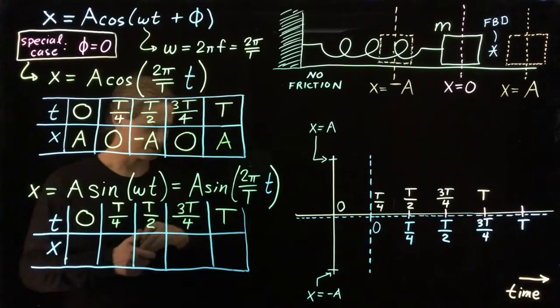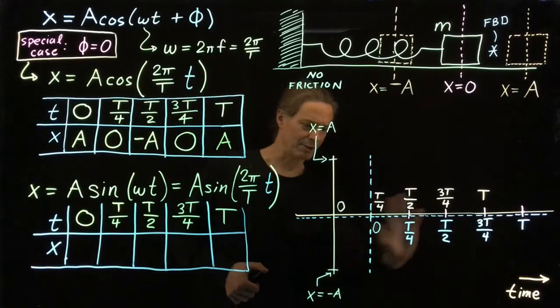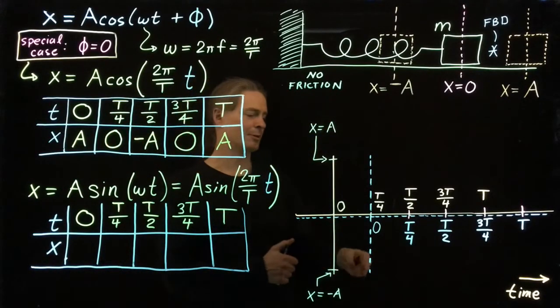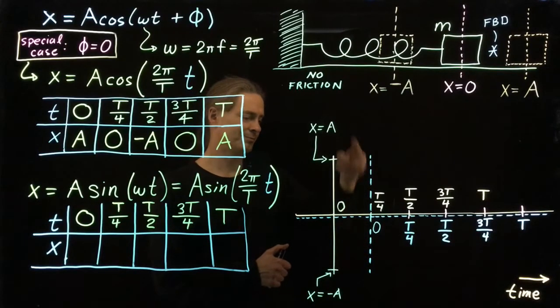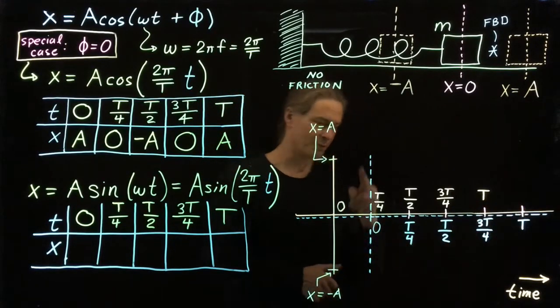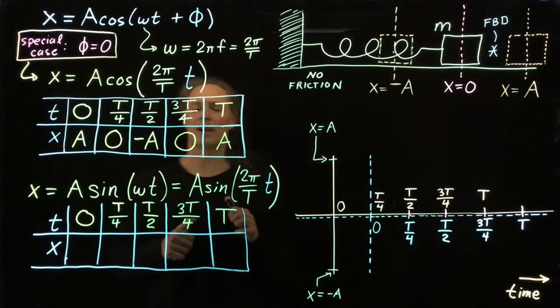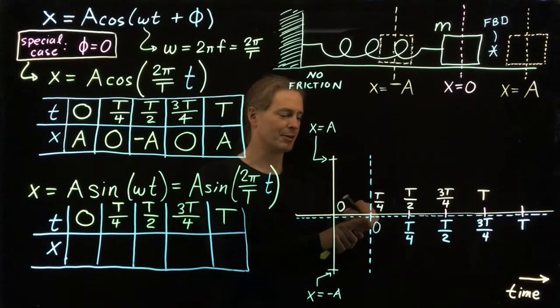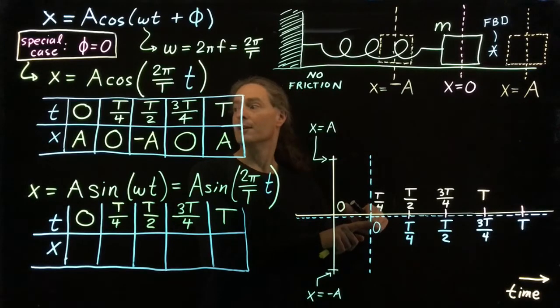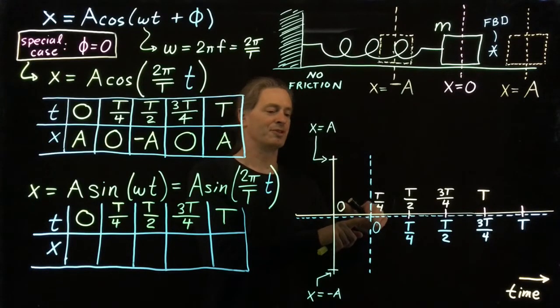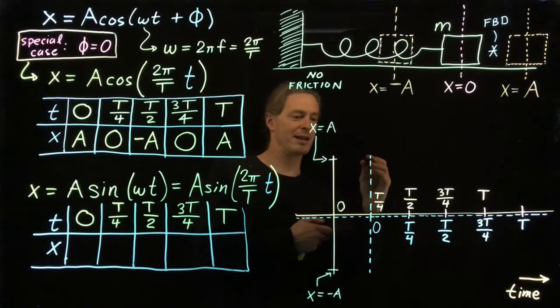So let's plot this. I've got it over here. Remember, this is our x-axis and this is our time axis, and we're using the dotted axis right now. At time 0, here's the location for time 0, the position x will be equal to the amplitude A. So we'll plot that point right there.